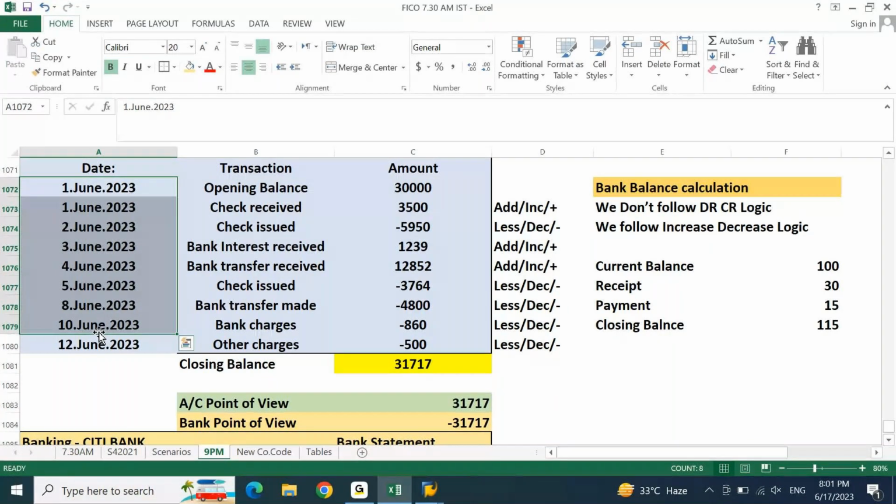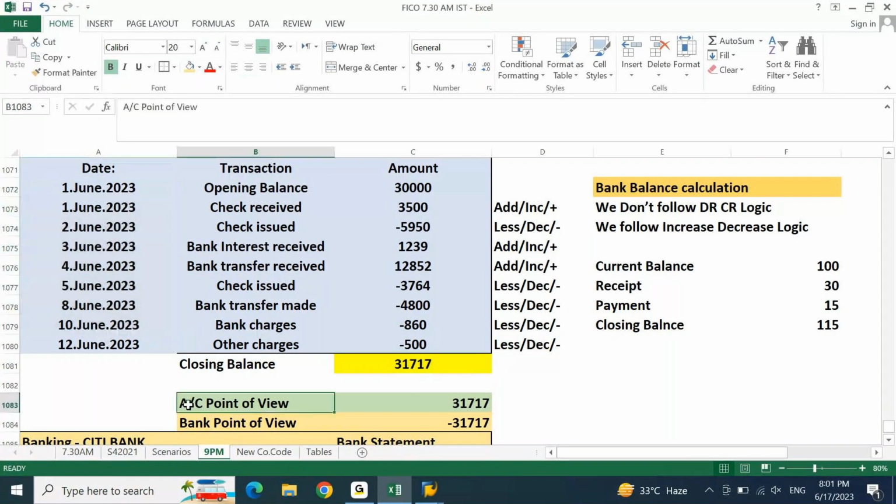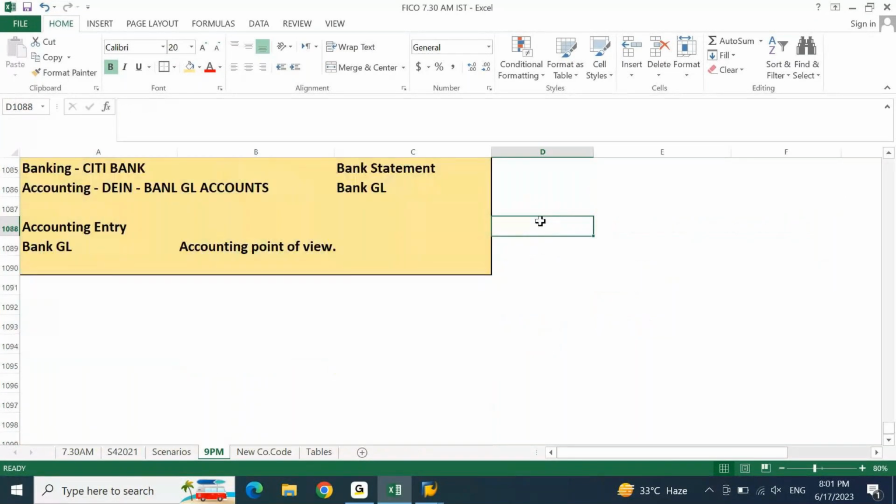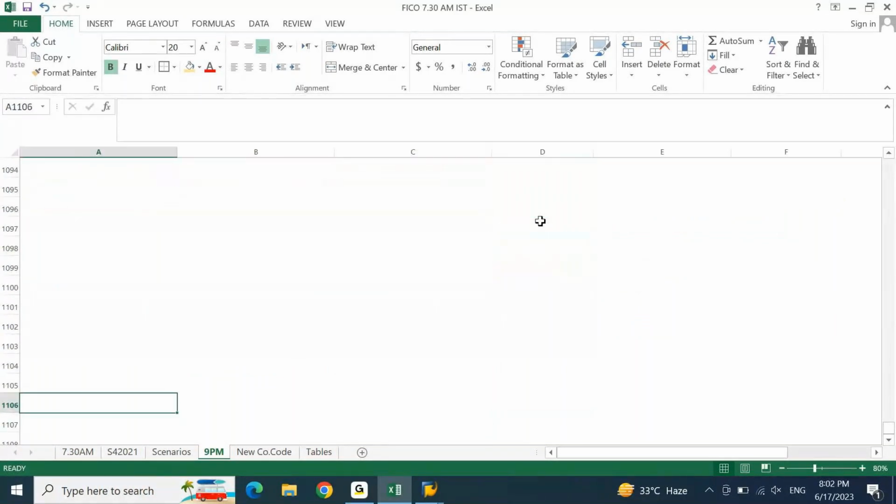You should be able to differentiate what the closing balance will be from the accounting point of view and from the banking point of view, which transaction is plus and why, and which is minus and why. In short, you will have only 6 types of transactions in your banking. Majorly, you will be playing with only these 6 bank transactions.